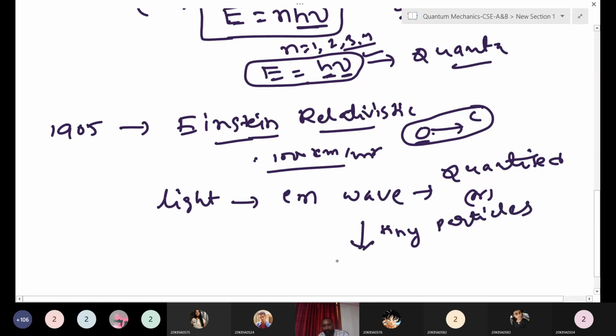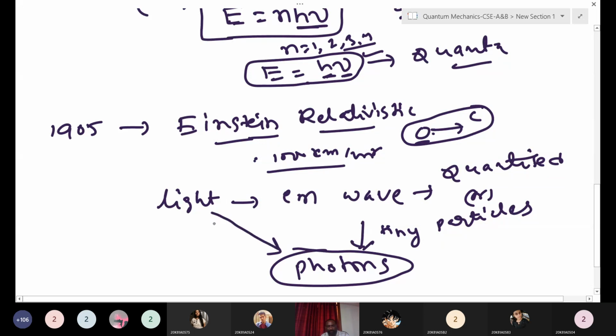From there he proposed photons. What did he name these teeny particles? Photons. Photons means light; simply, photons is nothing but light. He proposed that light is also made up of teeny particles, or quantized like electromagnetic waves. He called these photons.